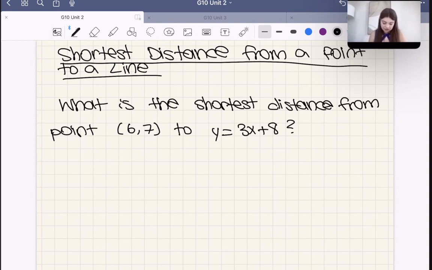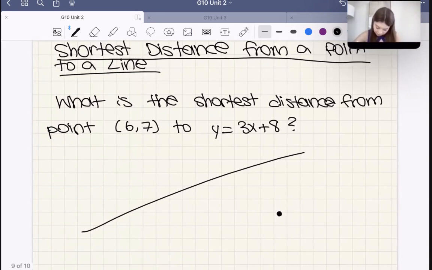So let's say I'm just going to draw some random line and some random point. Well, how would you go about drawing this point to this line if I said do it in the shortest distance you possibly can to get to this line? You probably wouldn't draw something like this, right? This would clearly be a very long distance.